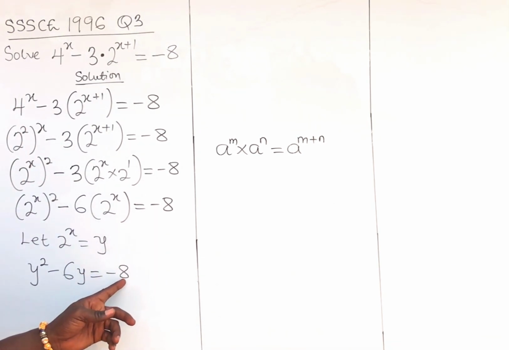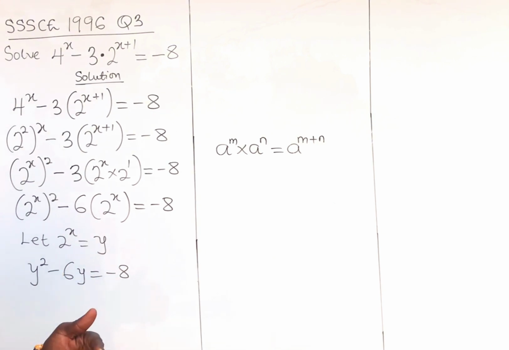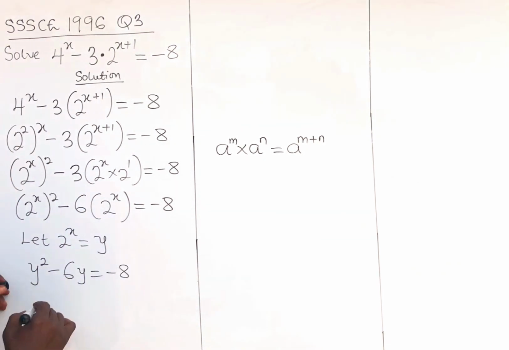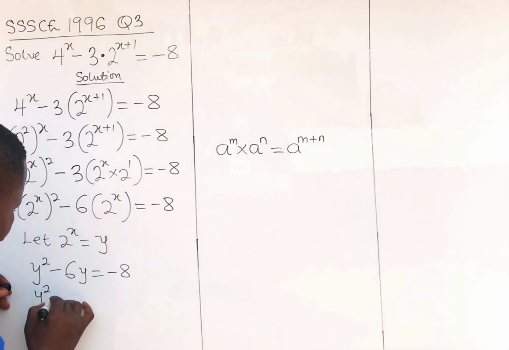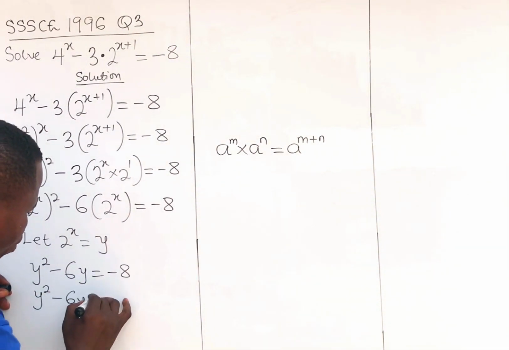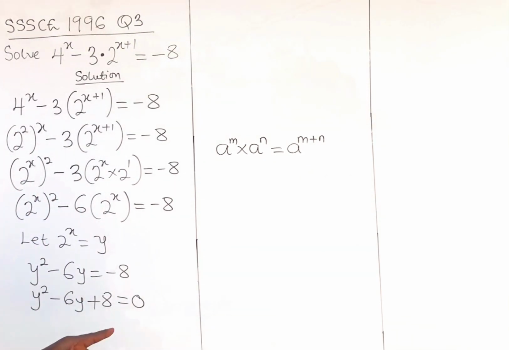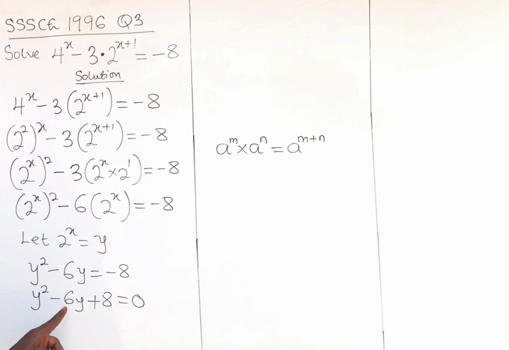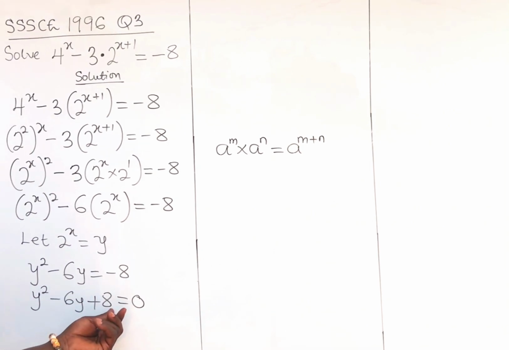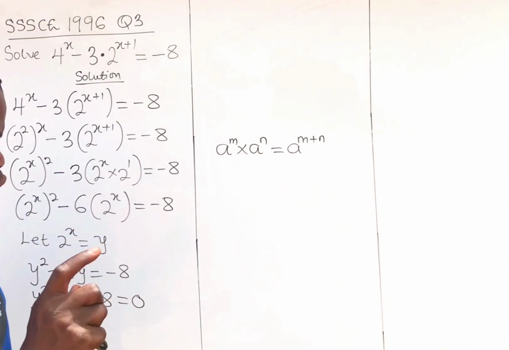I will now bring negative 8 to come and join this side. And since it is negative, if I'm bringing it across the equal sign, it becomes positive 8. So this will be y squared minus 6y plus 8 is equal to 0. Now, the number here is 8, and the number here is minus 6. And we'll call this one product, this one sum, meaning we have to look out for 2 numbers or 2 factors.